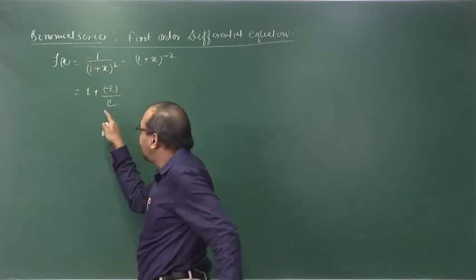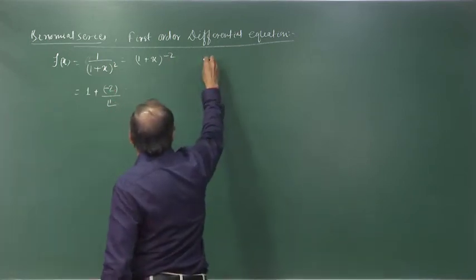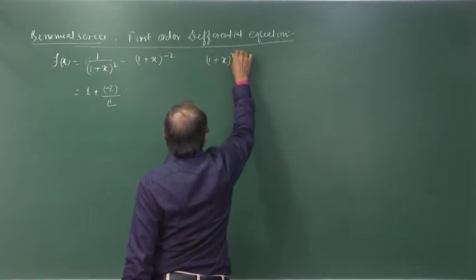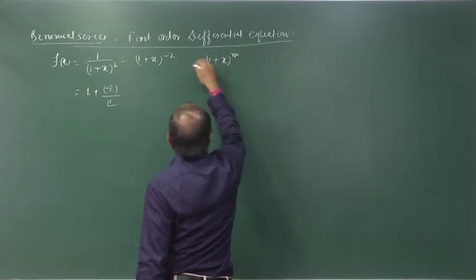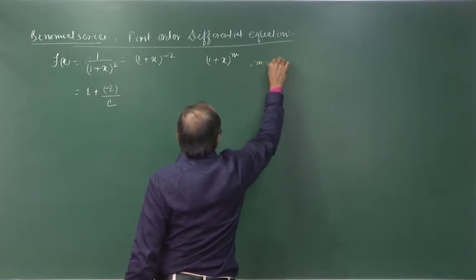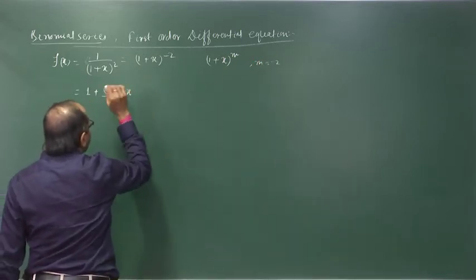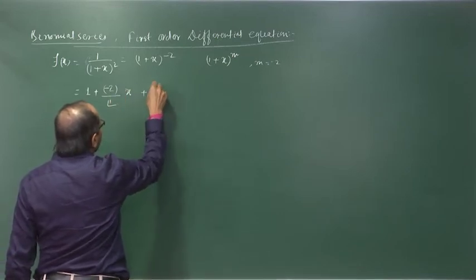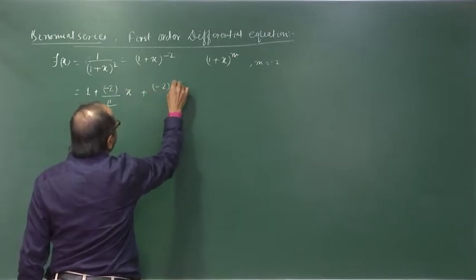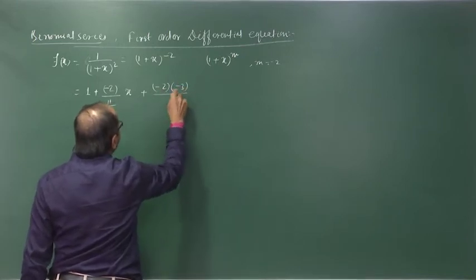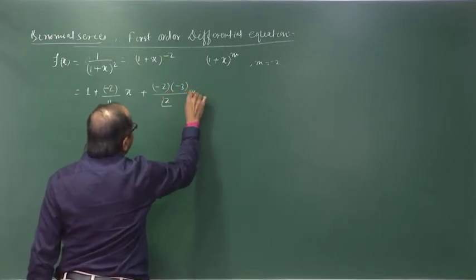In the binomial expansion (1 plus x) to the power m, here m is equal to minus 2. So, m by 1 factorial into x, then the next term is m into (m minus 1), which means minus 2 minus 1 is minus 3, by 2 factorial into x square.